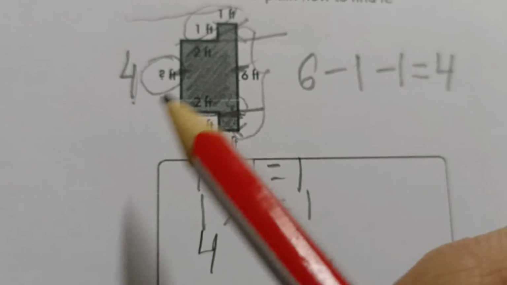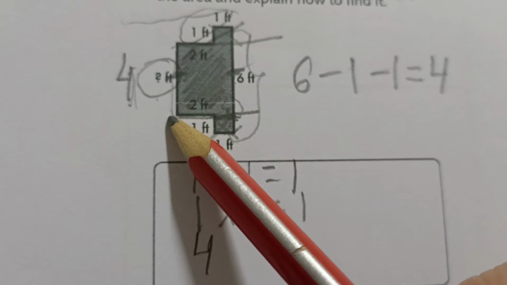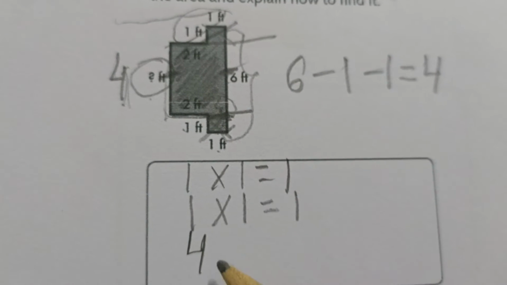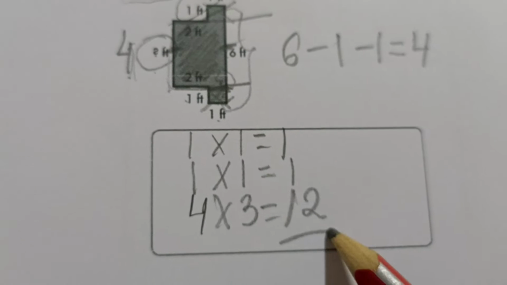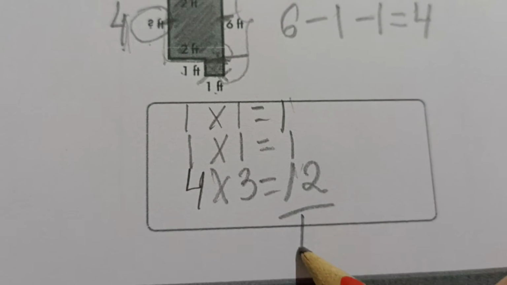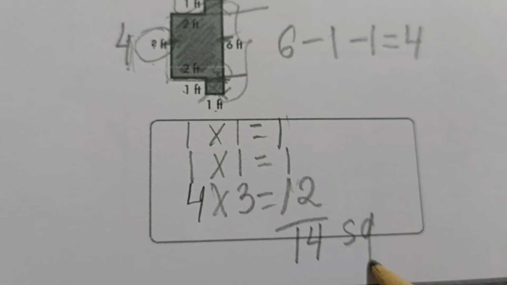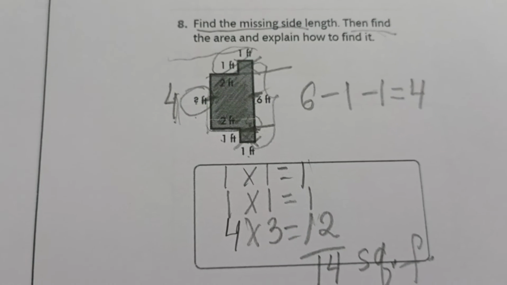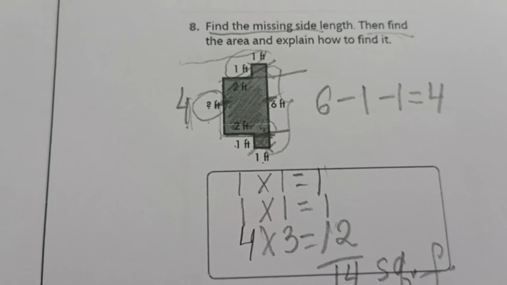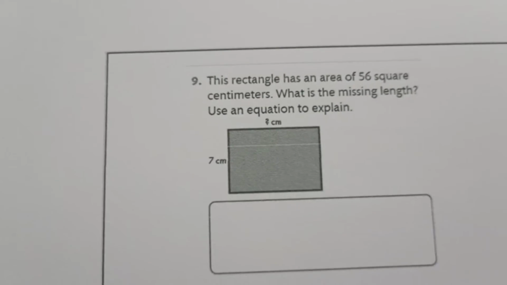So 4 this side, 3 this side. 4 times 3 is going to be 12, and together it's going to be 14 square feet. You may stop the video and check one more time. Okay, next.